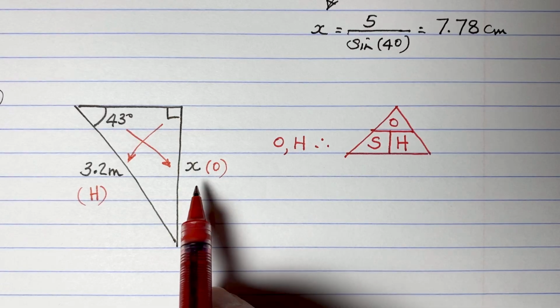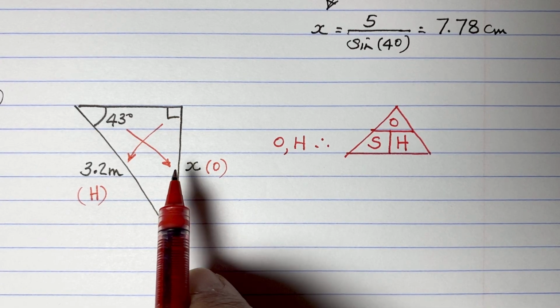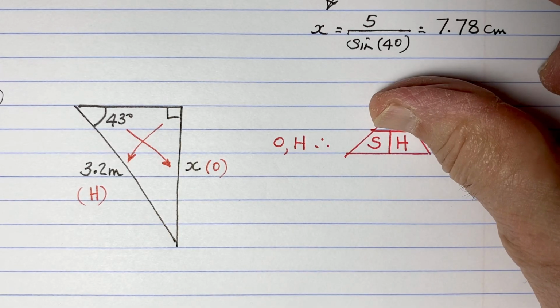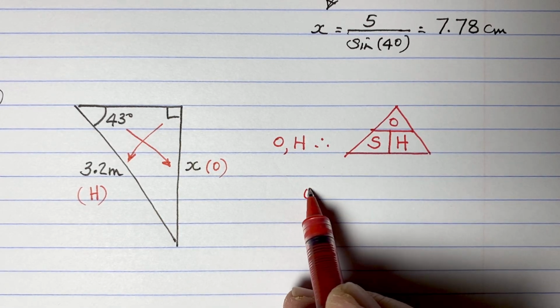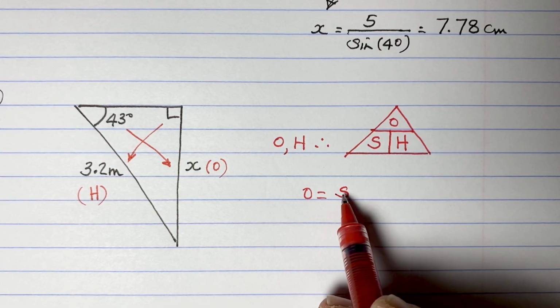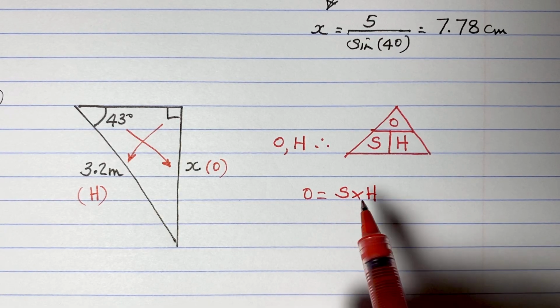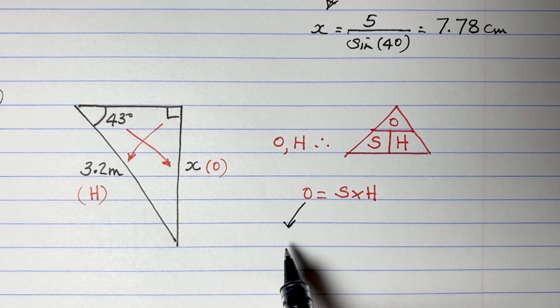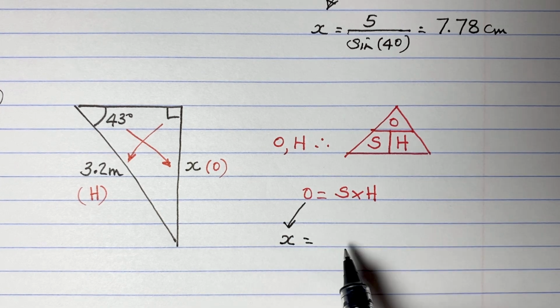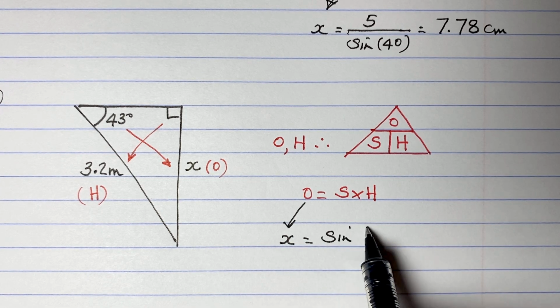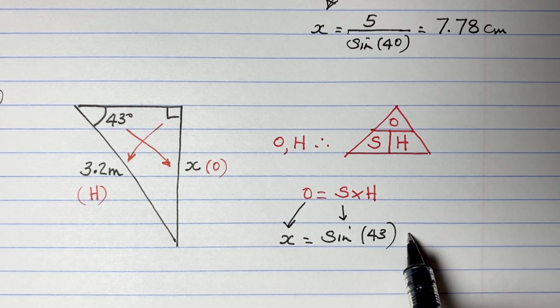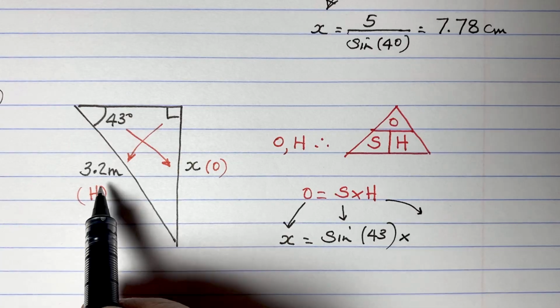I'm looking for O. My O is unknown. X is my unknown side, which is labeled as O. To find O, you cover O. So O equals S times H, because S and H are on the same level. All you have to do now is substitute for O, which is x, substitute for S, which is the sine of angle 43, times H, which is 3.2.